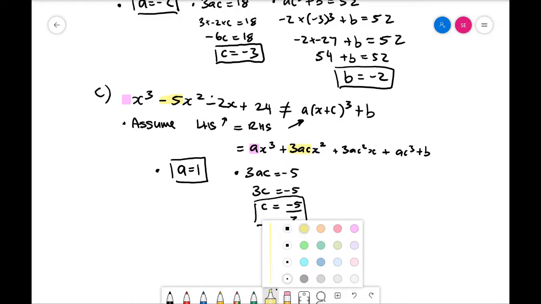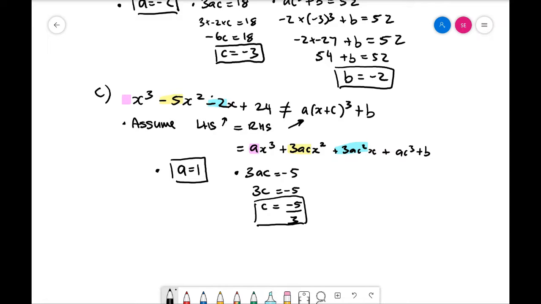Okay, now let's look at this term here. So we've got 3ac squared on the left is equal to minus 2. Now we know a is equal to 1, so we've got 3c squared is equal to minus 2.